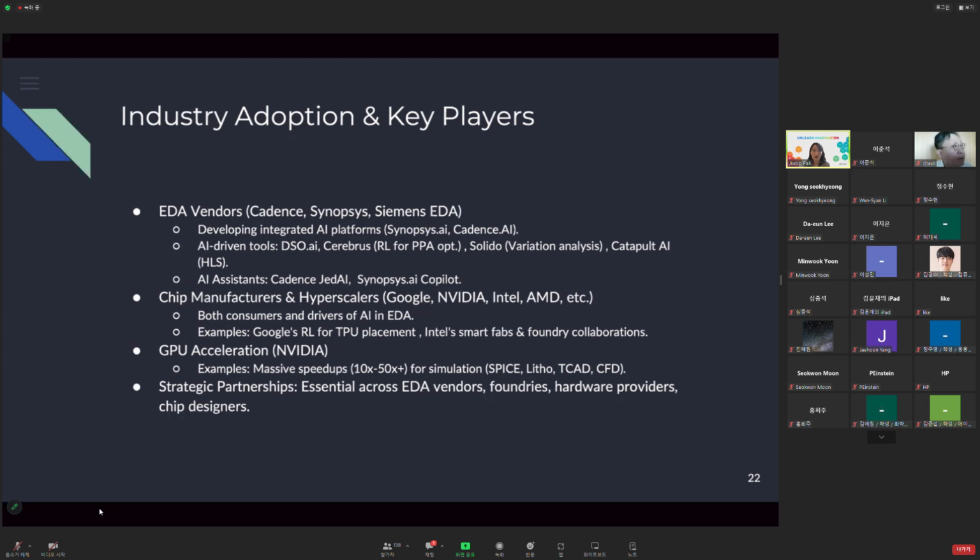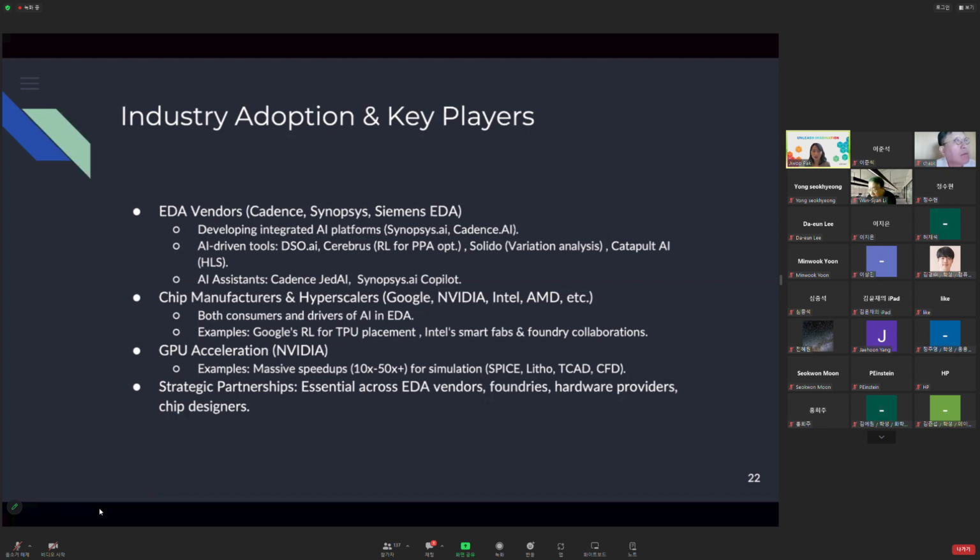So we have key players such as EDA vendors. And nowadays, Cadence, Synopsys, Siemens, recently they also started to use LLM. So Synopsys AI, Cadence AI, or AI-driven tools, RL for PPA, and also the co-pilots. As far as I know, all of those companies are working toward a co-pilot for each of those design steps.